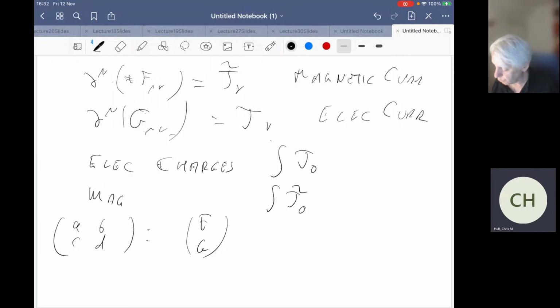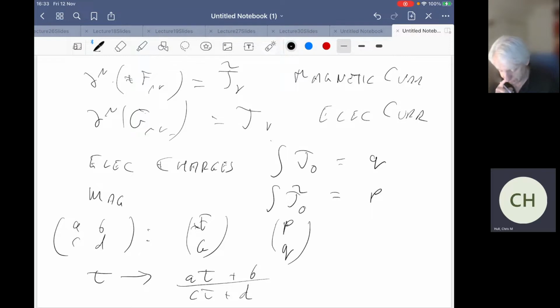We'll call these little q and little p, and as a result the magnetic charge and the electric charge also transform as a doublet, and tau transforms interestingly by fractional linear transformations of the form a tau plus b over c tau plus d.